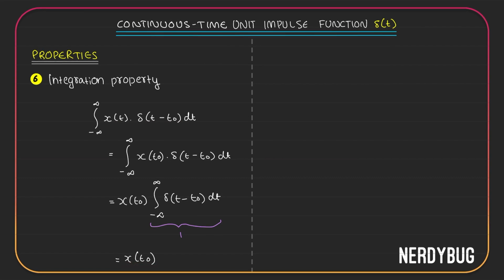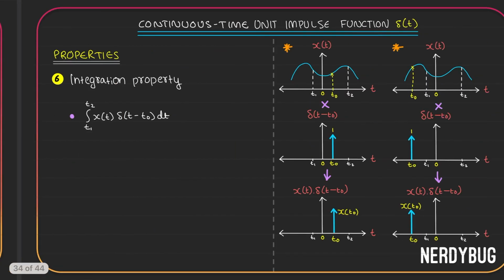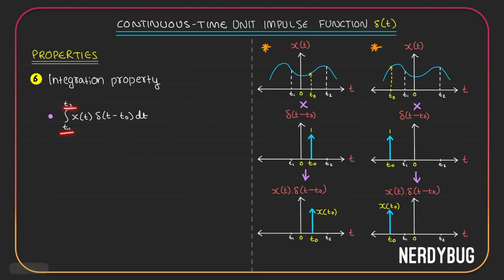Now, what if I don't want to integrate from minus infinity to infinity? Instead, I want to integrate in a time interval from t1 to t2. There are two things that can happen. To show the first case, I've taken an x of t over here. Then I've taken a time shifted impulse. And if we multiply these, obviously we'll get the result at t naught, and its magnitude is going to be the magnitude of x of t at that point.